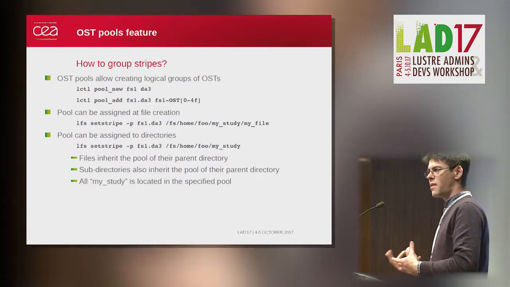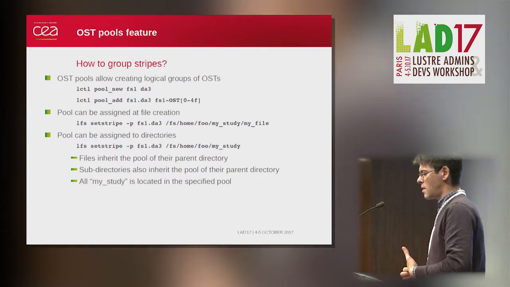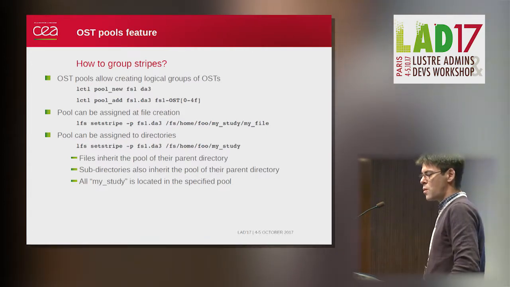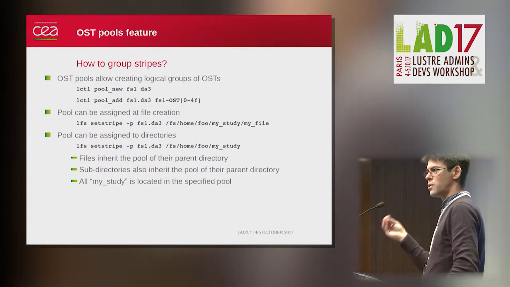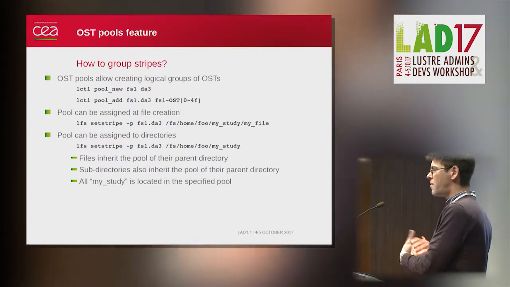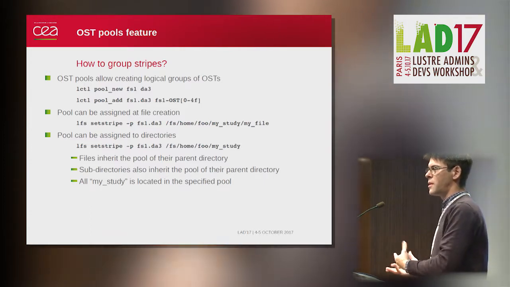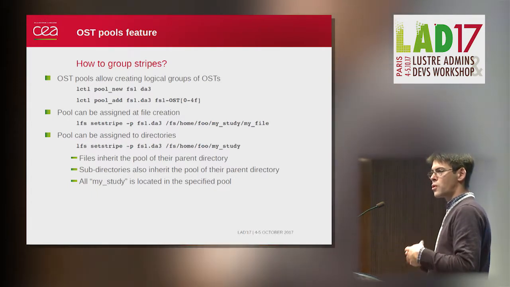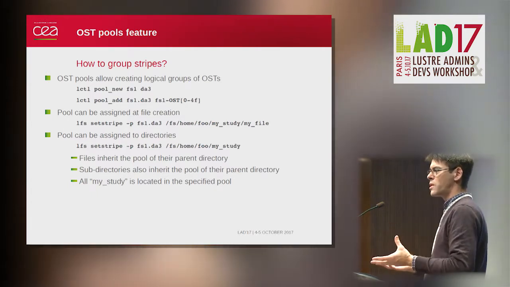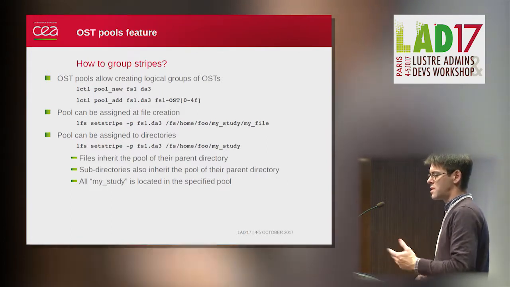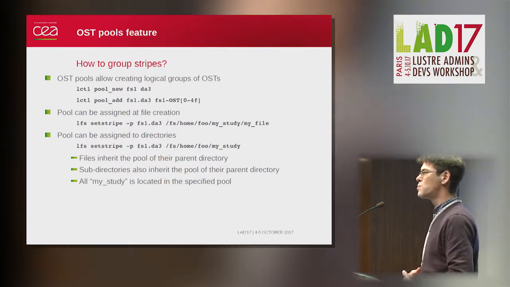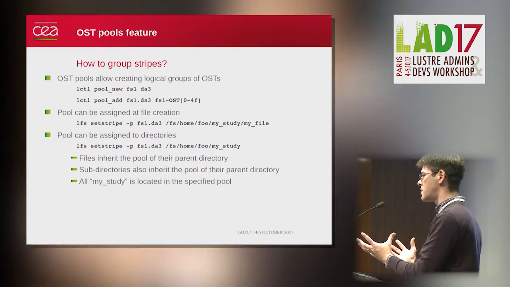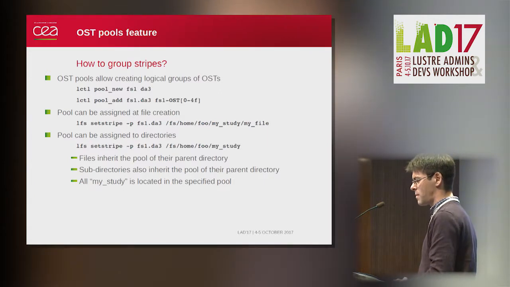And then you can assign files to these pools explicitly using setstripe, but also by assigning a pool to a directory. Every new file or subdirectory created under it will inherit from this pool. So when you create a new directory to run a computation, if you use this pool assignment, all data under this directory will be located in your failure domain.